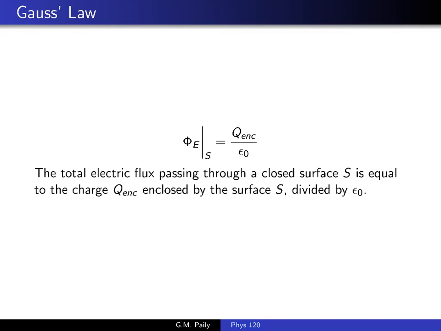This can be any type of closed surface. It could be a cube, a sphere, a cylinder, anything that encloses a clearly defined inside and excludes the outside. So there's an inside volume and an outside volume. If you have such a closed surface, you can apply Gauss's law to it and look at the electric flux passing through that surface and relate it to the charge enclosed by that surface.